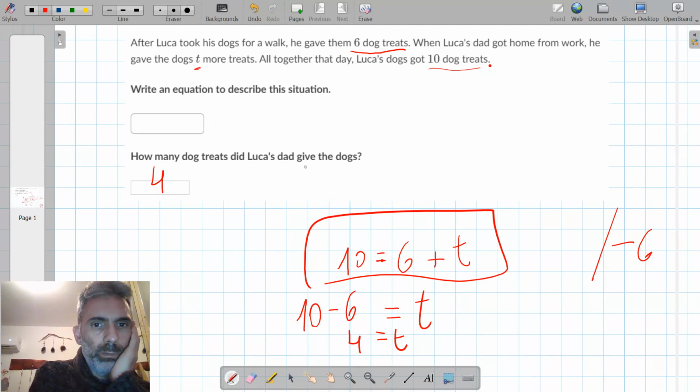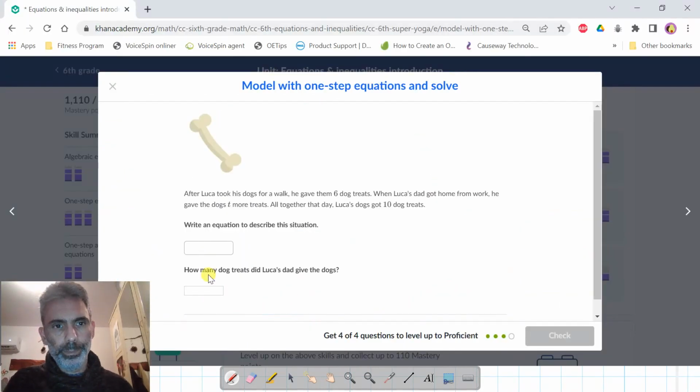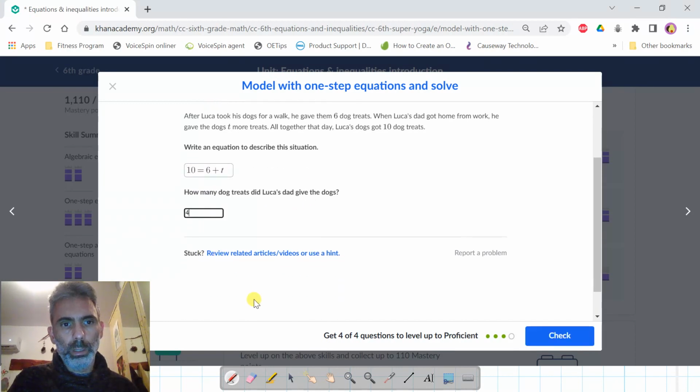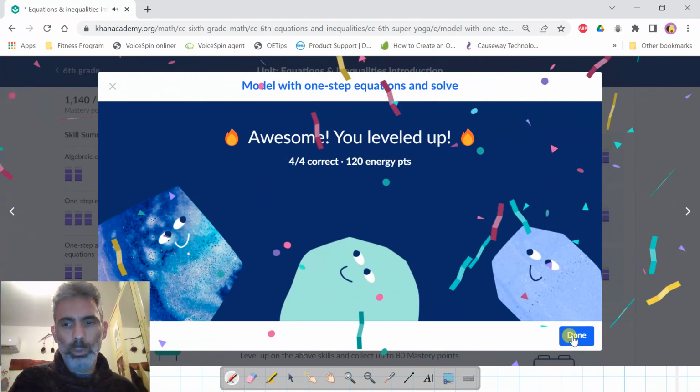Luca's dad then gave the dogs 4 treats, and the equation is 10 equals 6 plus T. T is for the number of dog treats he gave them, which is 4. Good.